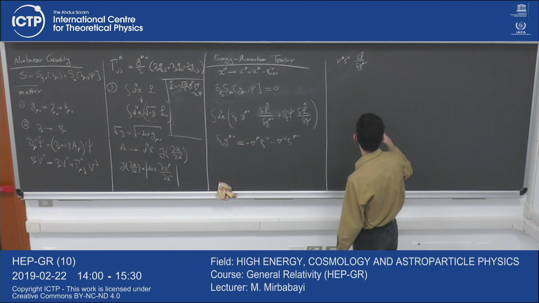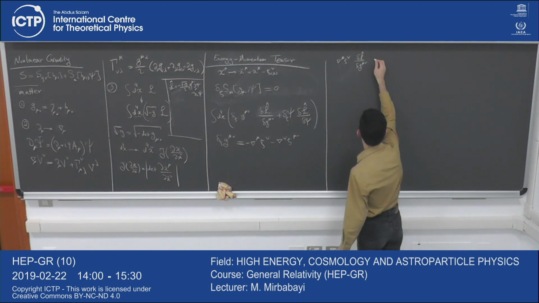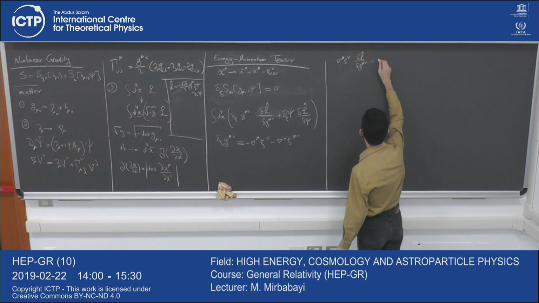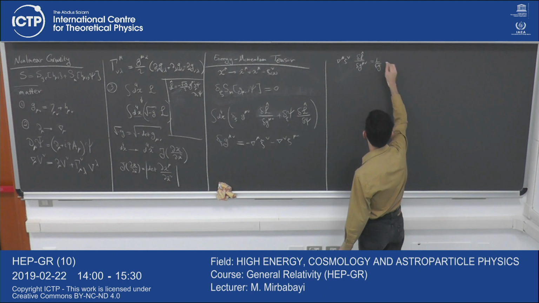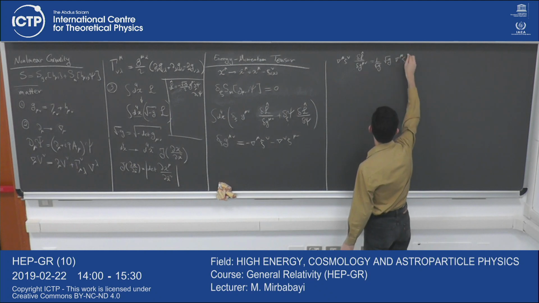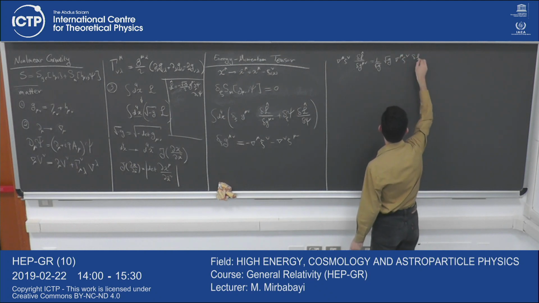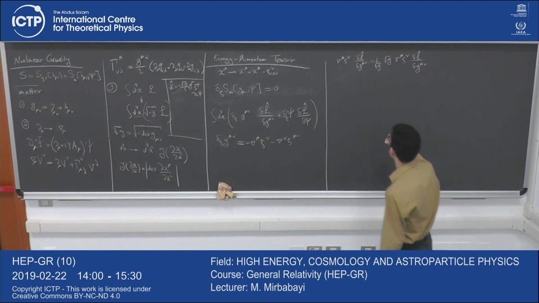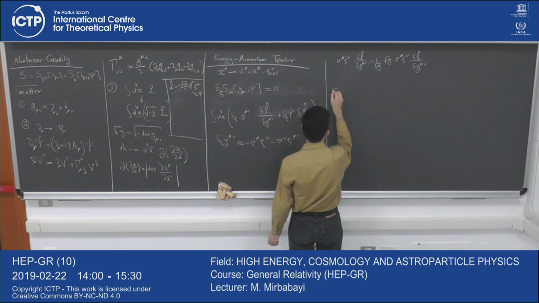So I just play some little tricks here. Let me first divide and multiply by the square root of g.